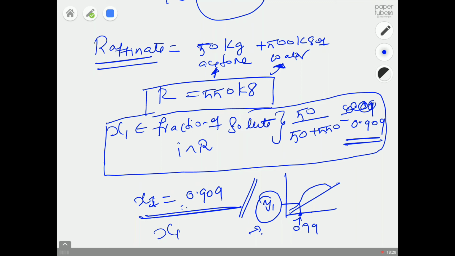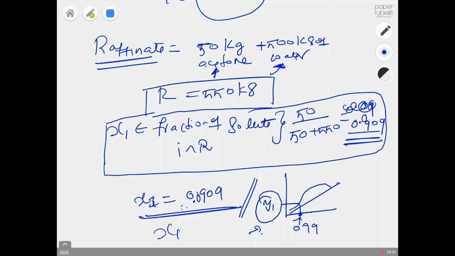Okay, this value is not correct. No, I think this value is not 0.909. This looks like a very high value. It should be 0.0909. Okay, this value should be 0.0909.